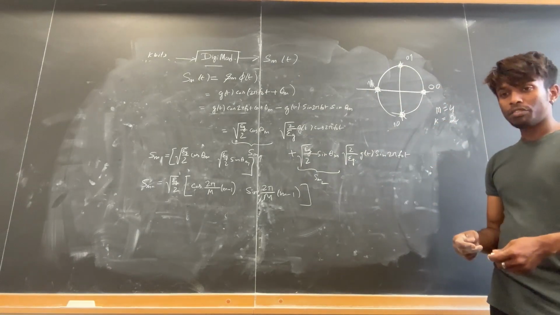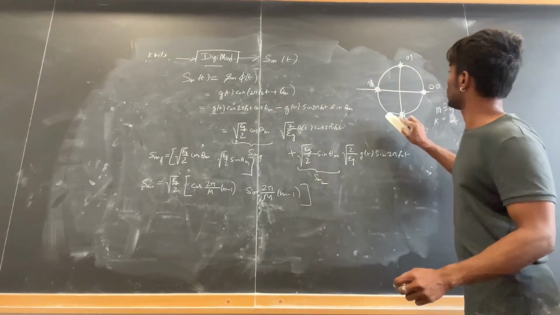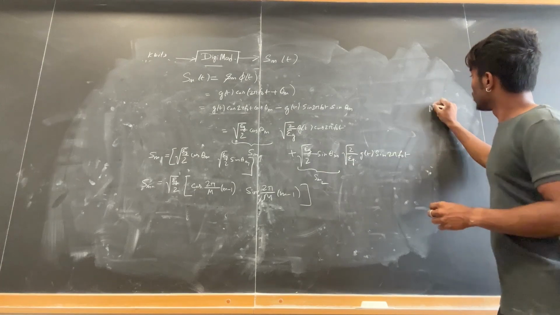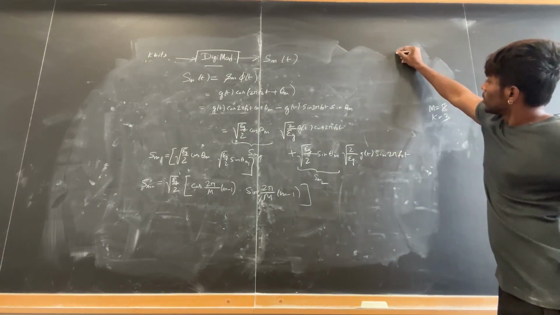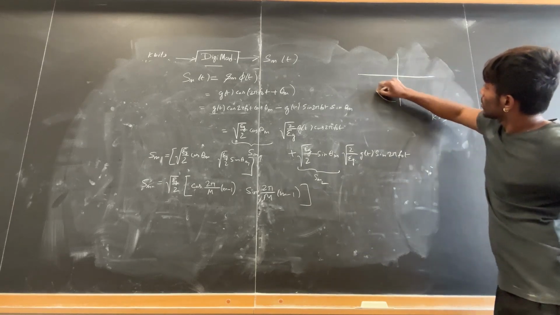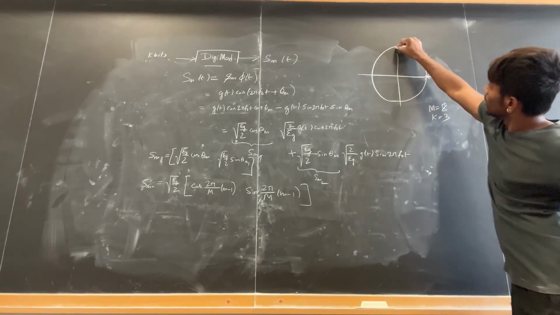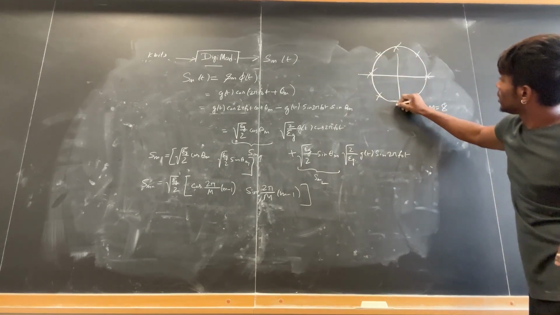And if we expand further, as m is equal to 8, what happens? For m is equal to 8, k is equal to 3. So it should go like this. Here, here, here, here, here, here, and here, and here.